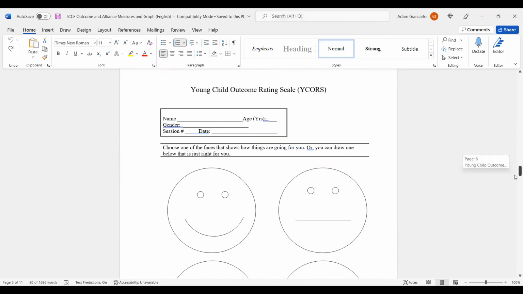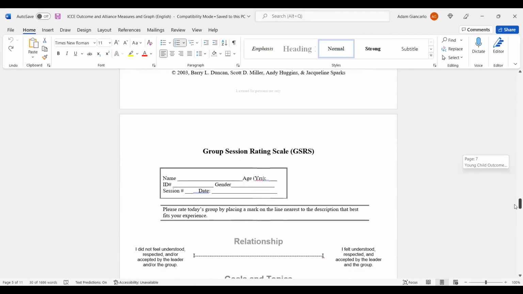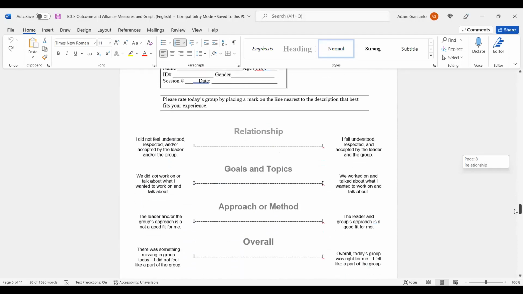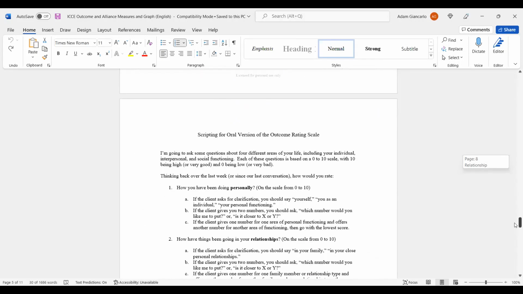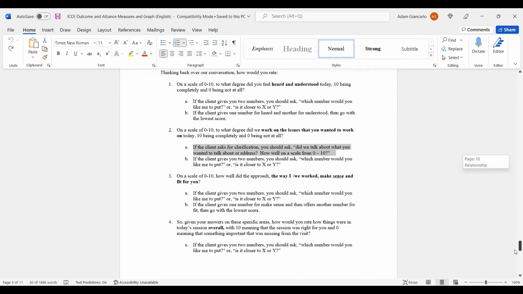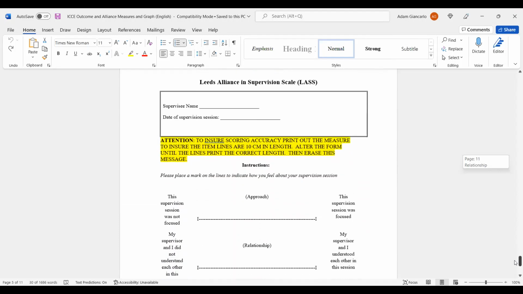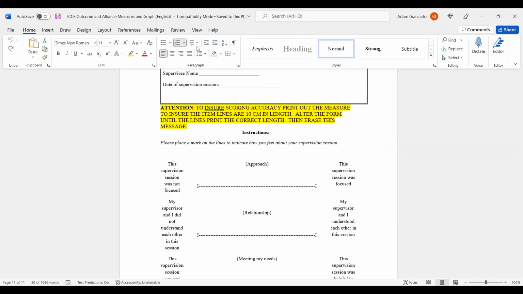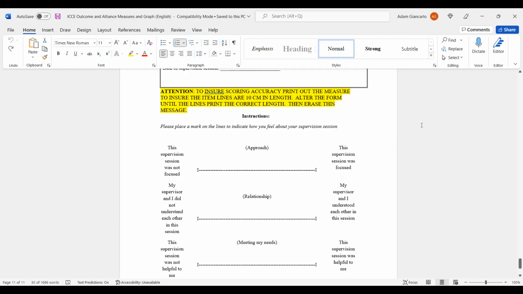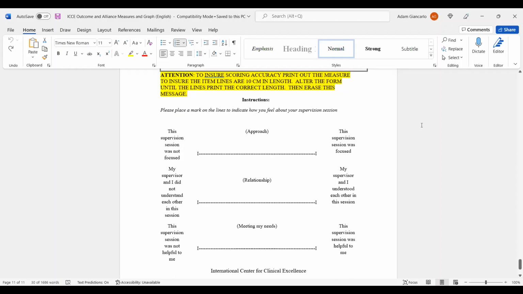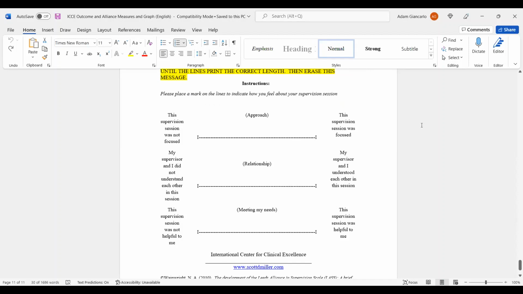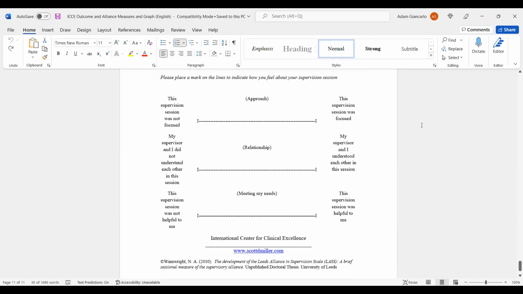what I sent, one of the attachments that I sent along with the slides from last time. At the bottom here is the leads alliance in supervision scale. So this supervision session was focused or not. And then my supervisor and I understood each other in this session or not. And then this supervision session was helpful to me.